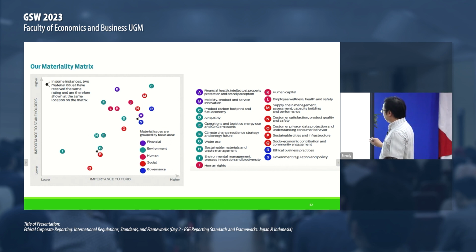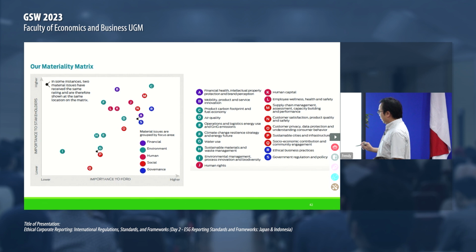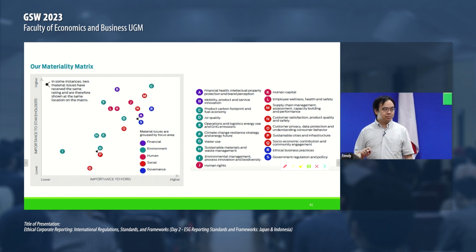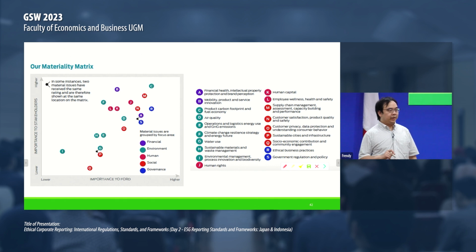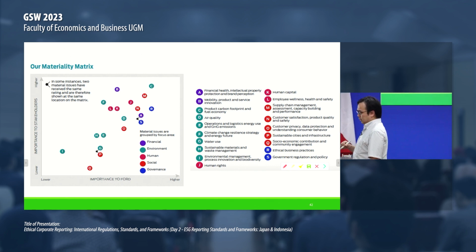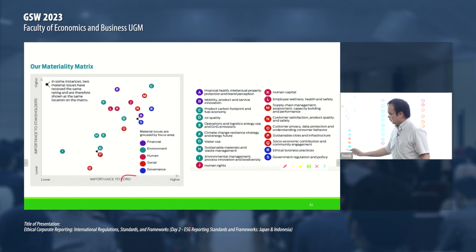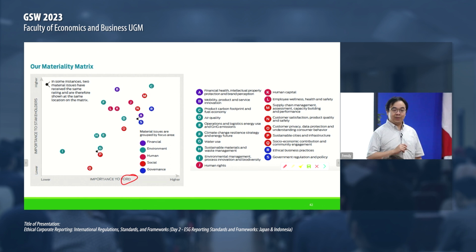Okay, so let's start with the x and y axis. What is the x-axis? What does it refer to? The significance of the sustainability information to the company itself.